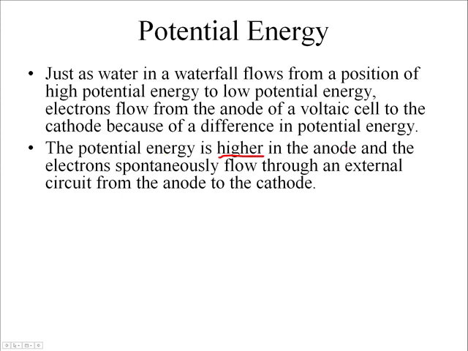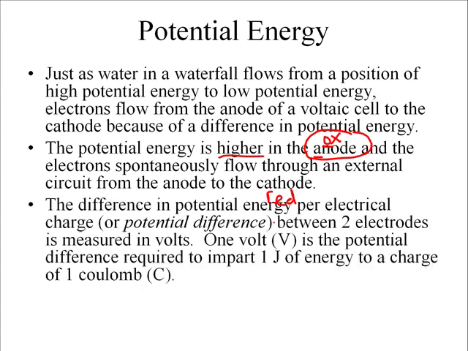Okay, so we know that the electrons always flow from the substance that's being oxidized to the substance that's being reduced. So we know that electrons flow from the oxidation point, which again is the anode. Remember the valve thing. From the anode to the cathode. And the reason that does occur is because the potential energy of that anode is higher than the potential energy of the substance at the cathode.